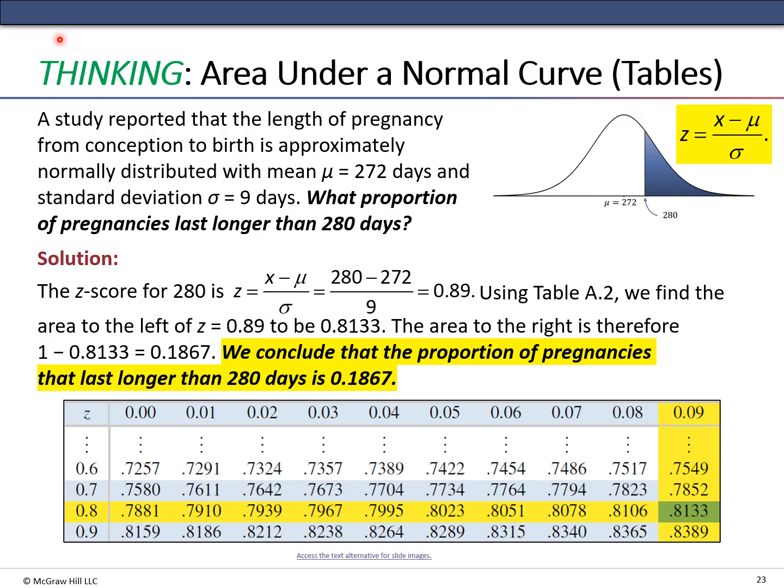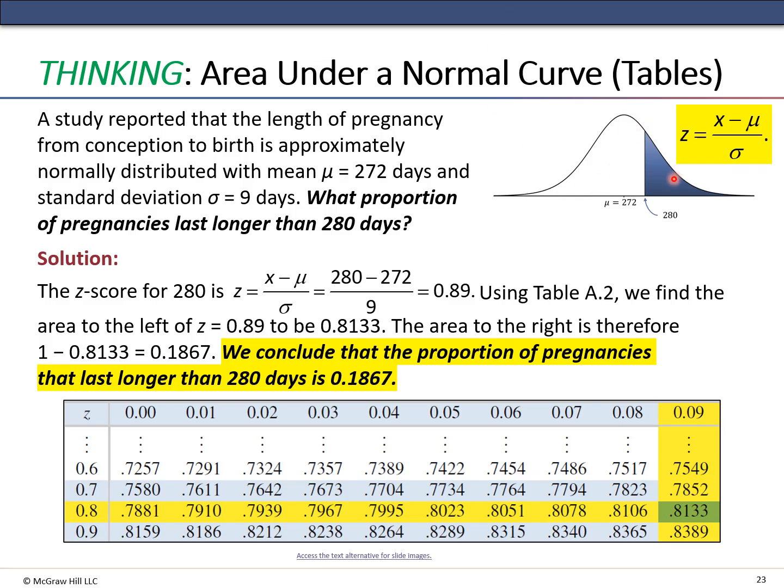Wait, why was it not 0.8133? Oh, remember that table A2 gives you the area to the left, the white area, and we want the area to the right, a value greater than, longer than 280 days. So in this case, we remember that the whole area under the curve equals 1. So this value represents the area to the left.